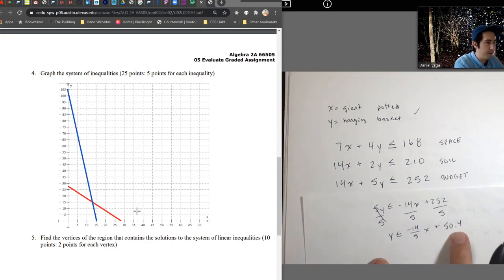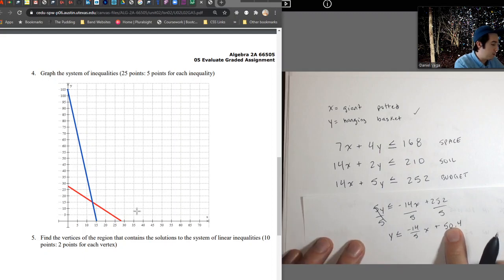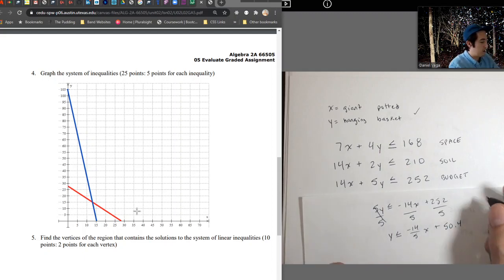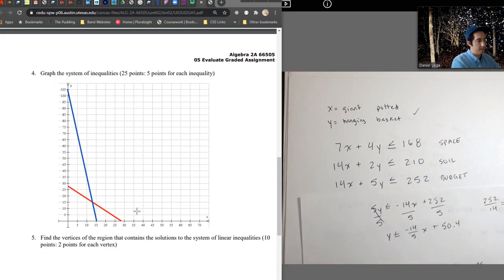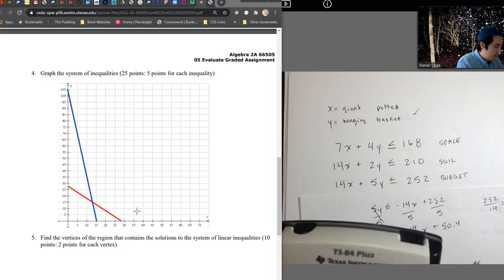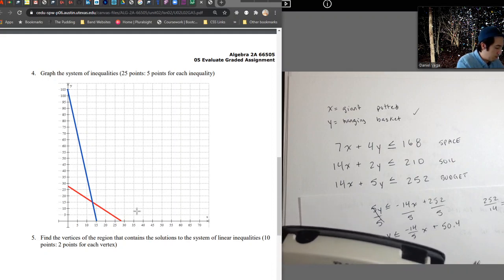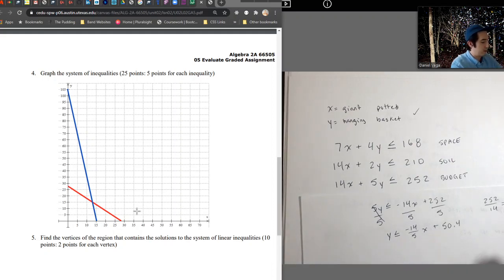So the y-intercept is 50.4. The x-intercept would be 252 divided by 14, which is 18. So 50.4 is about there, and I'm going to 18, which is about there.